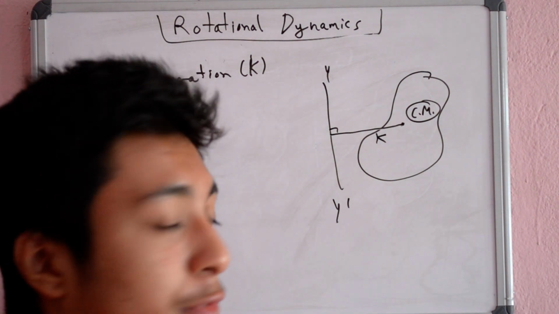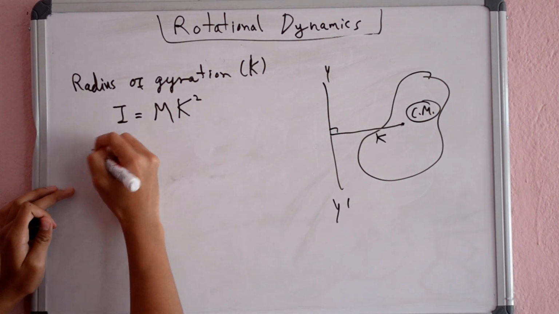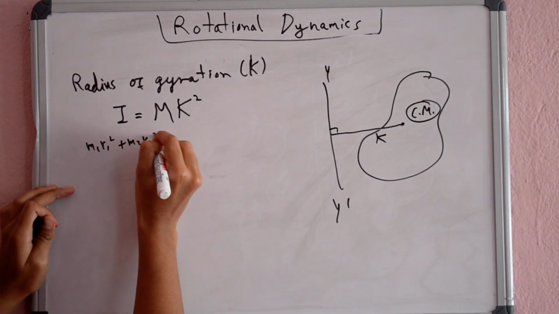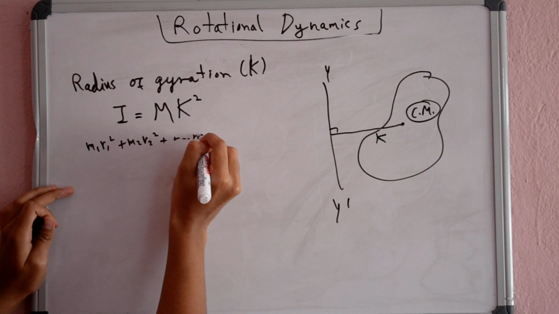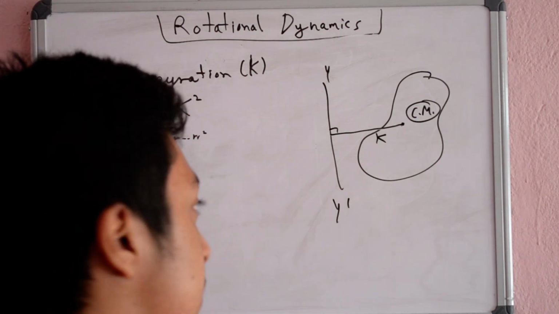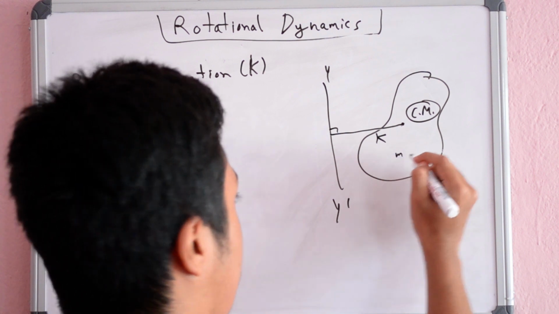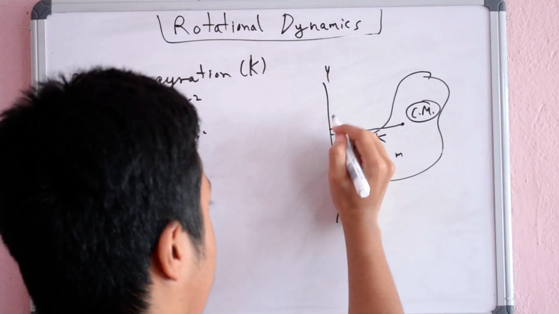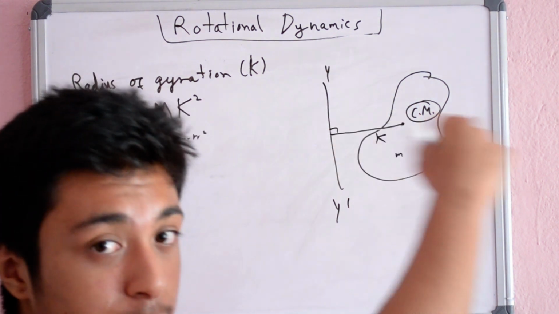Now we know from the previous definition that I is equal to m1 r1 square plus m2 r2 square plus dot dot mn rn square. Now let's say that this rigid body has equal masses at the different perpendicular distances from the axis of rotation.